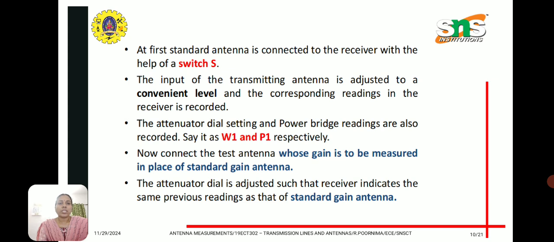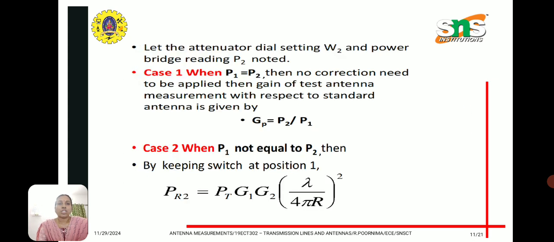The attenuator dial is adjusted such that the receiver indicates the same previous reading as with the standard gain antenna. Let the attenuator dial setting W2 and P2 be noted. When P1 is equal to P2, no correction needs to be applied. Then the gain of the test antenna with respect to the standard antenna is given by P2 by P1.